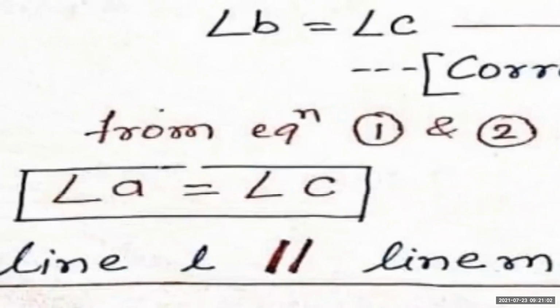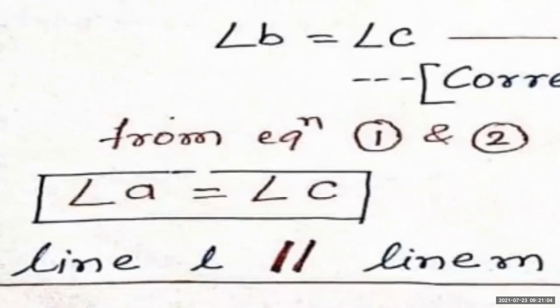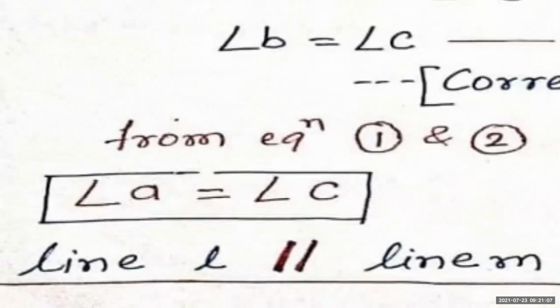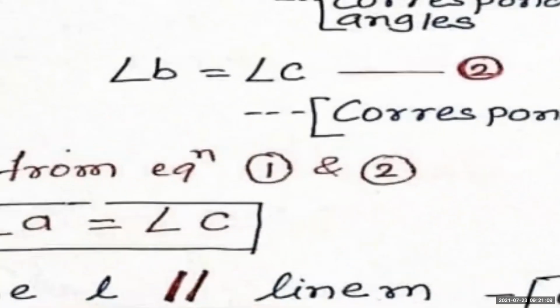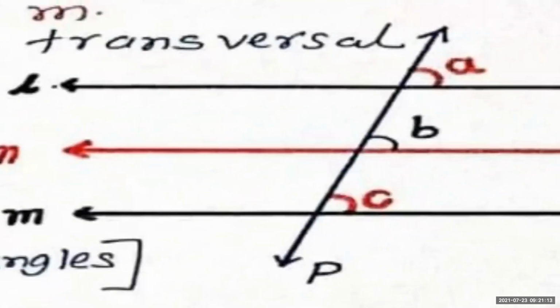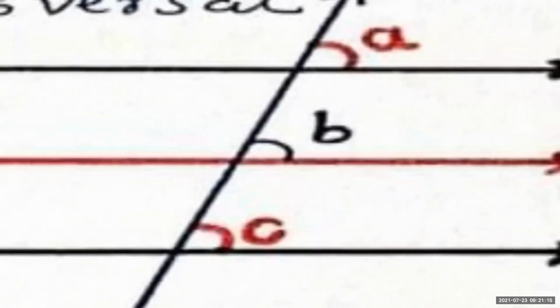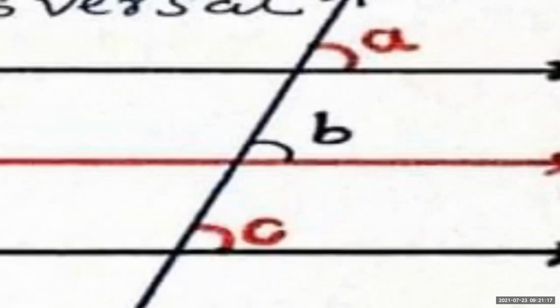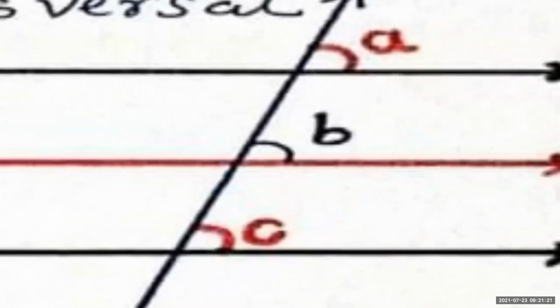So if these 2 angles, angle A and angle C, are equal, now see the diagram, angle A and angle C. If those are equal, those are the corresponding angles.